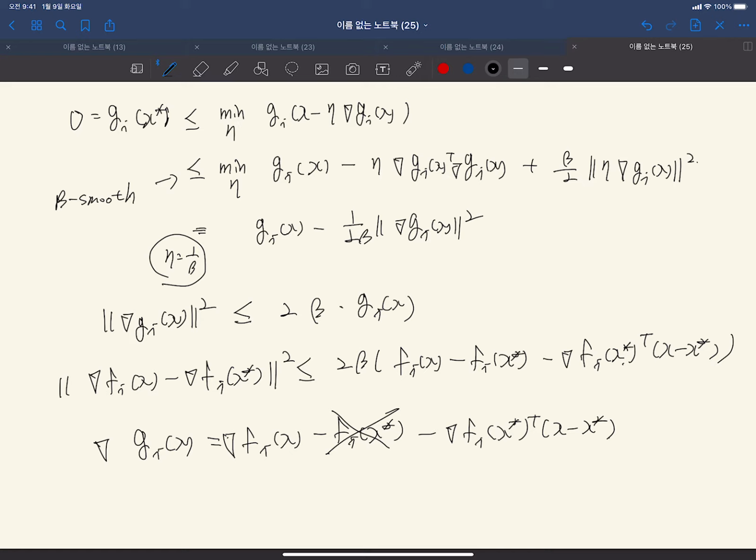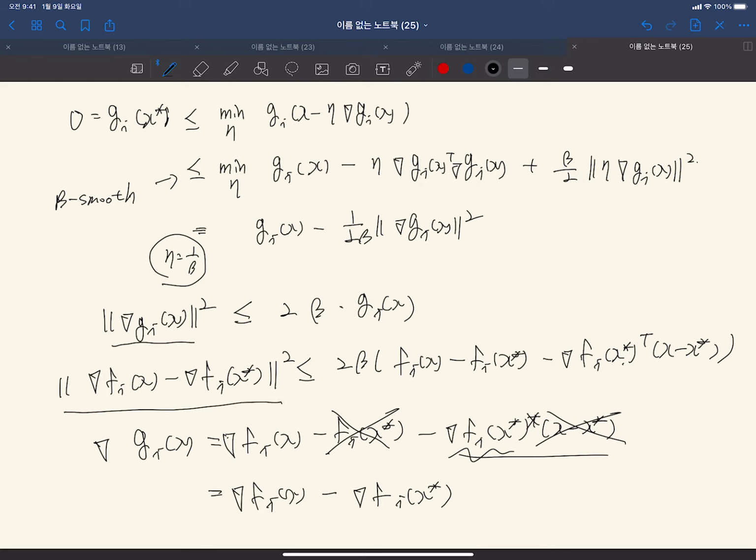And this is an affine function with respect to x, and this is just slope, so we can remove this part. So the gradient of g_i is equal to the gradient of f_i(x) minus the gradient of f_i(x star). Okay, so the norm squared of the gradient of g_i is upper bounded by 2 times beta times g_i(x), and from this and the definition of g_i(x), we have this. This is the definition of g_i(x). Okay.